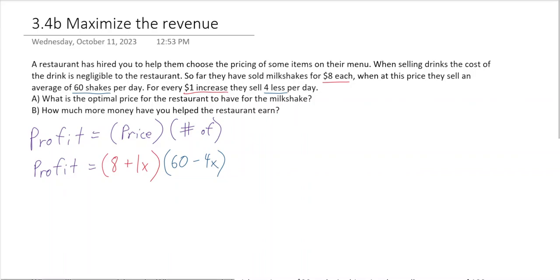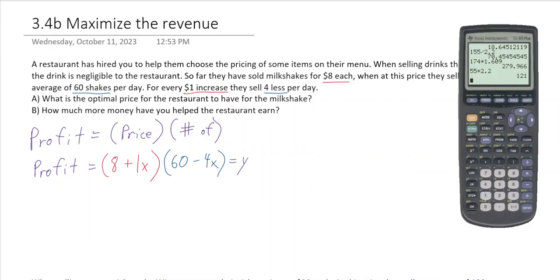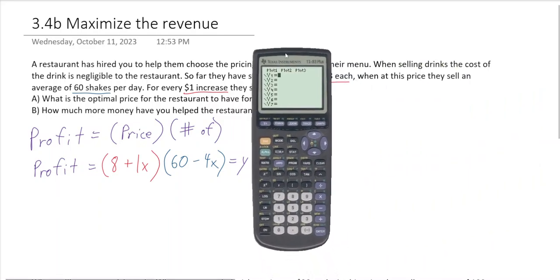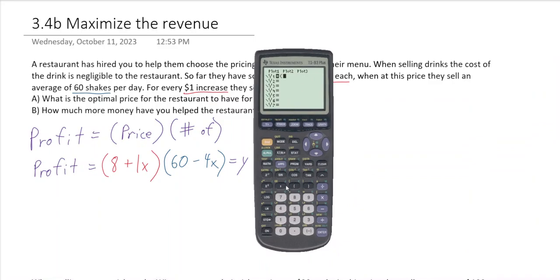Our profit I'm just going to put as y. If we're looking for the optimal price, best bet is to graph it. So we're going to go y equals, and we can plug it in exactly as shown. So this would be (8 plus x)(60 minus 4x), and now we're going to graph this.